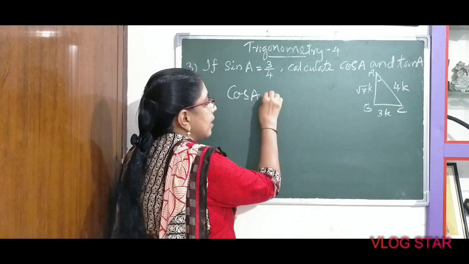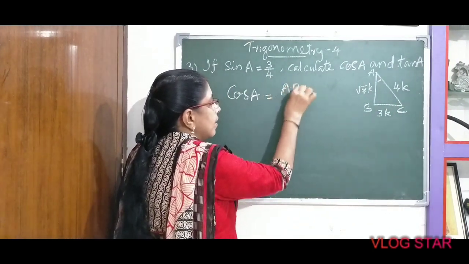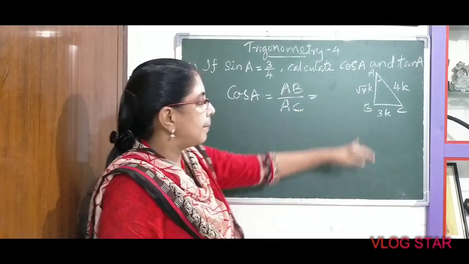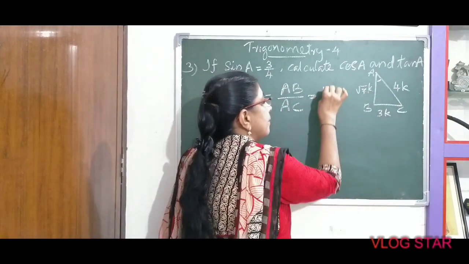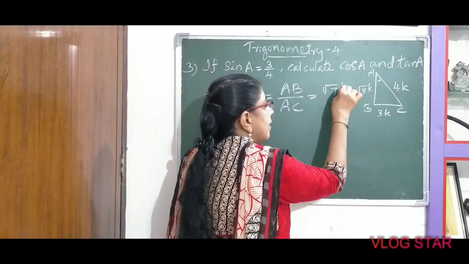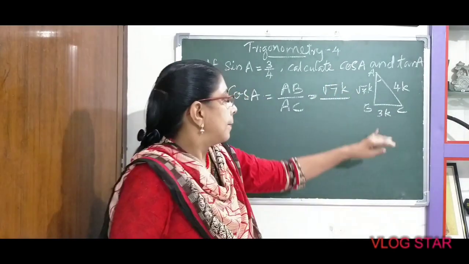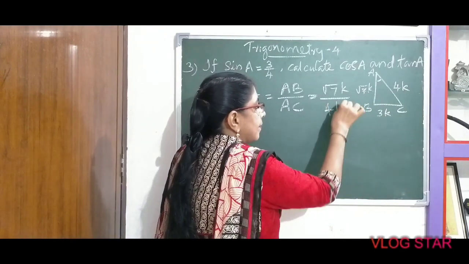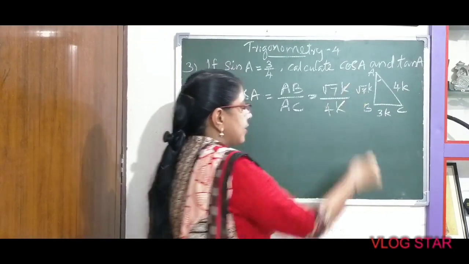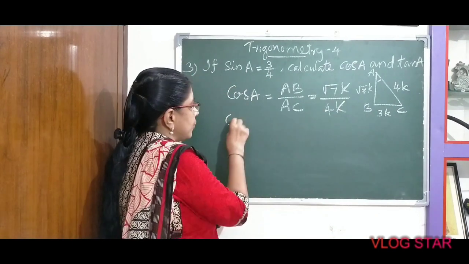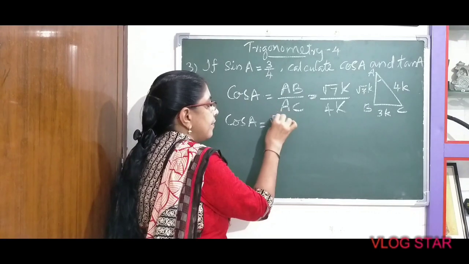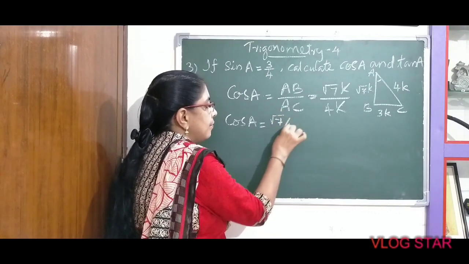That is AB upon AC, equal to AB is root 7 K upon AC is 4K. K and K get cancelled. Then we get cos A is equal to root 7 upon 4.